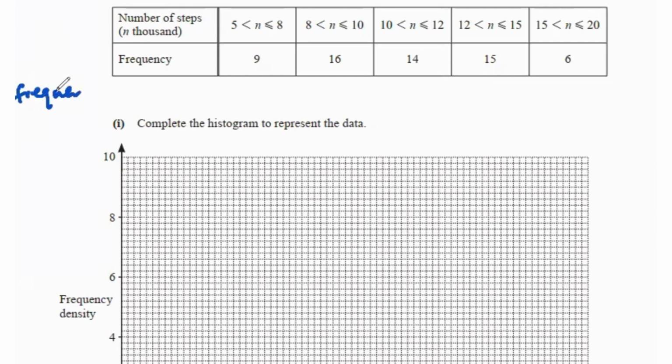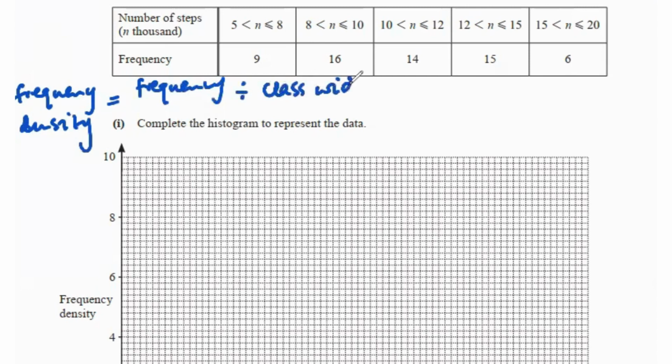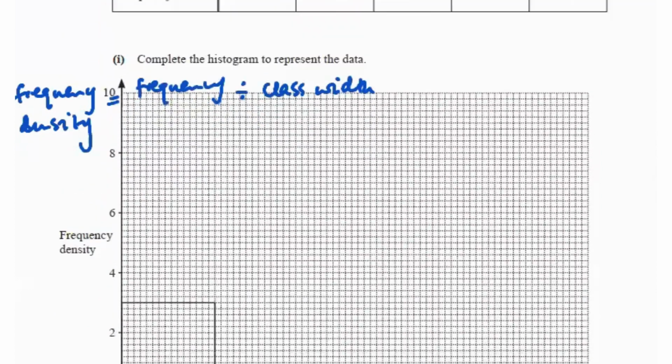Frequency density is basically your frequency divided by class width. Class width is the difference of the maximum and minimum value of the interval. So if we start with the first one, I've already done the first one actually. They want us to find the other ones.